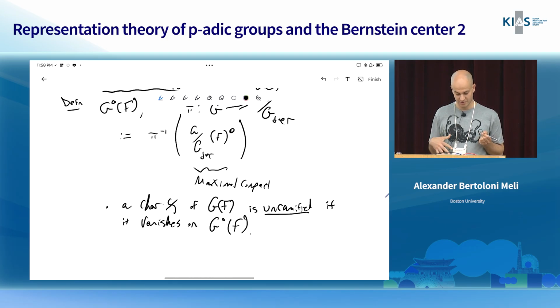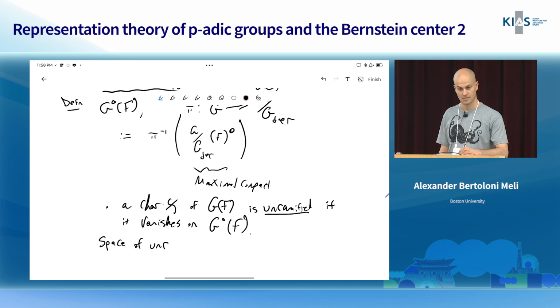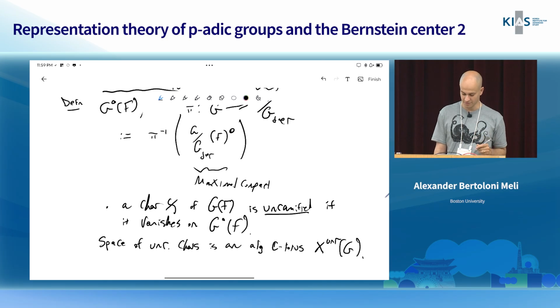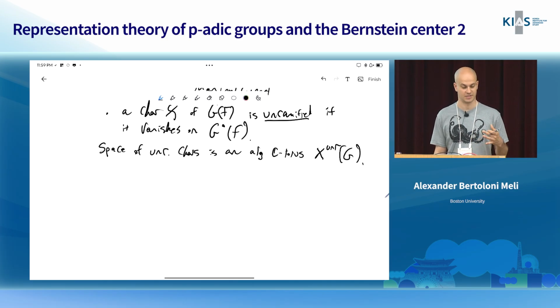In particular, this space of unramified characters is some algebraic complex torus.